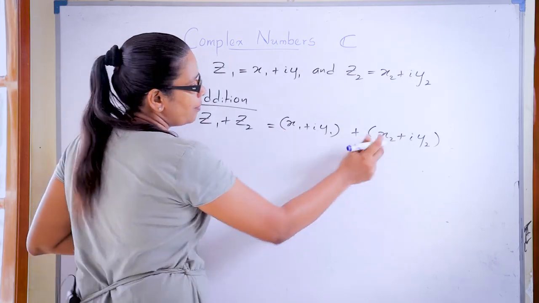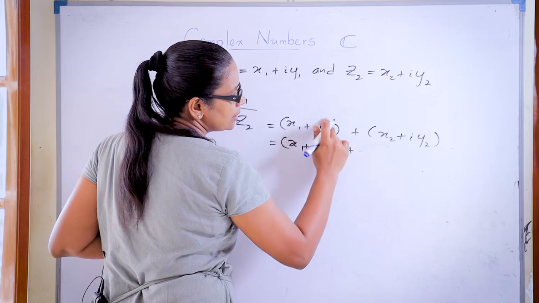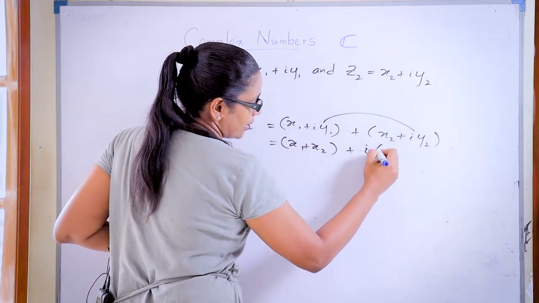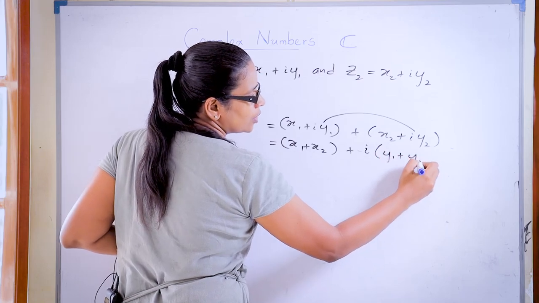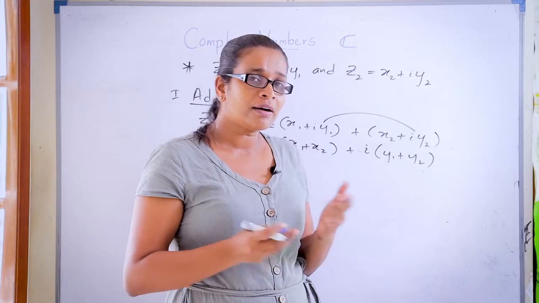So x1 plus x2, plus, considering these two terms, you can write i into y1 plus y2. Look here, x1, x2, y1, y2 are real numbers.